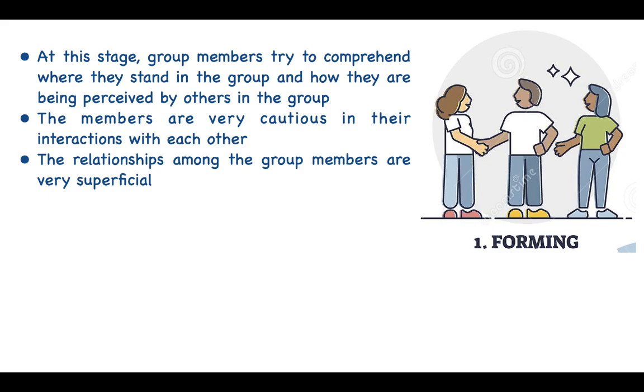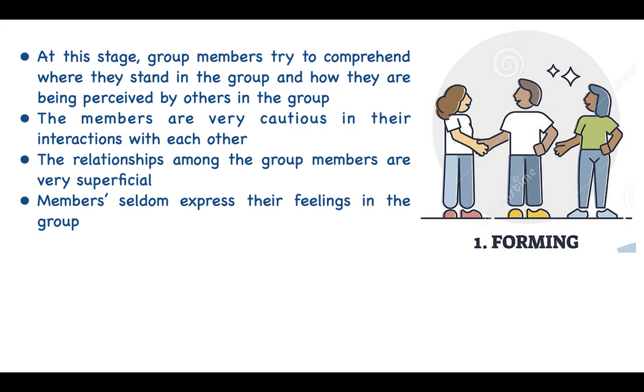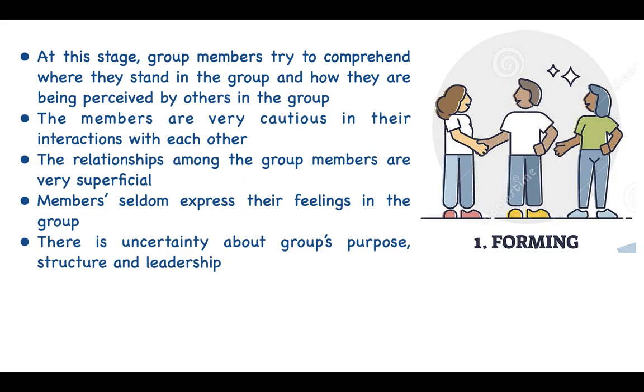Here, the relationships are not very natural; they introduce very superficial and formal behavior to other members. They will not express their feelings openly, they will keep them to themselves, because they will be worried how others will perceive them when they say something.